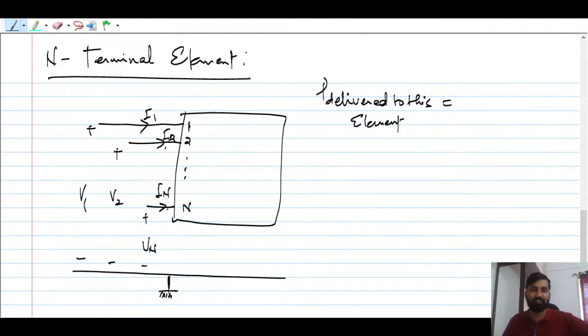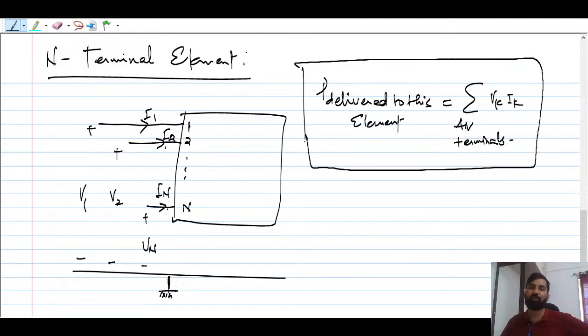So you will be getting a sum. You have to sum Vk times Ik over all the terminals. You just have to add all the powers, that's it: V1 I1 plus V2 I2 plus V3 I3 and so on, plus Vn In.